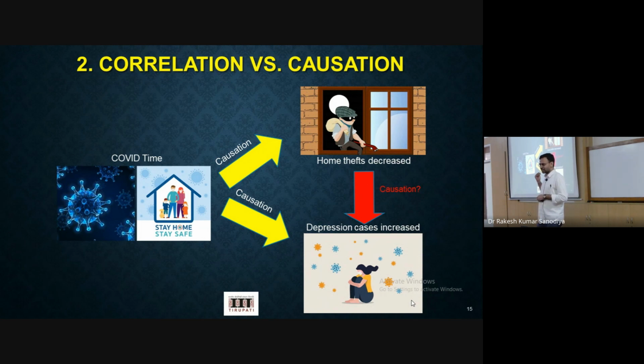No? That's what it will learn with the correlation. And then the deep learning network will recommend how you should come out of depression: ensure that more thefts happen. Correct? So one should pay attention to causation and, as you rightly said, correlation.